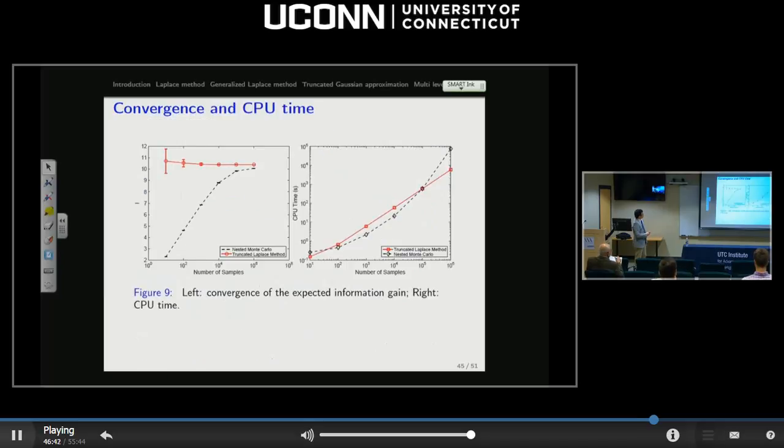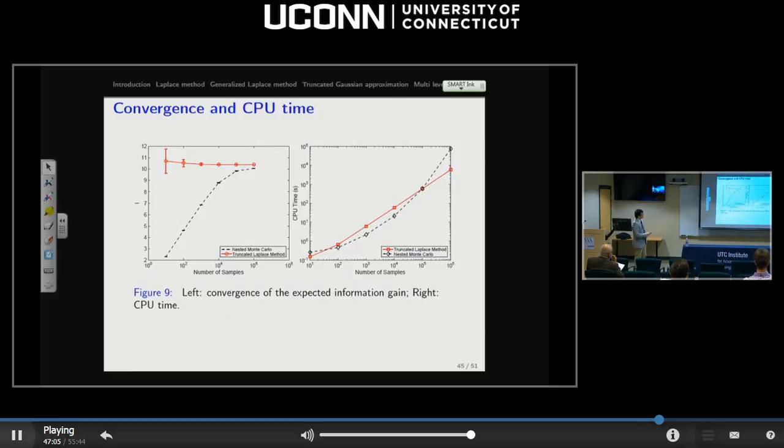And here's comparison between the convergence and the CPU time. The convergence between the nested Monte Carlo and truncated Gaussian. So you can see that all these are plotted in logarithmic scale. Using truncated, I should change the Laplace method to Gaussian.